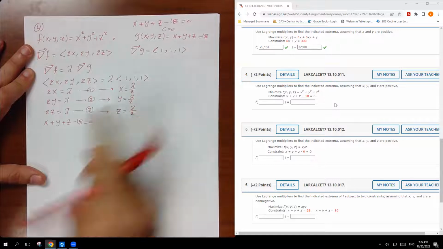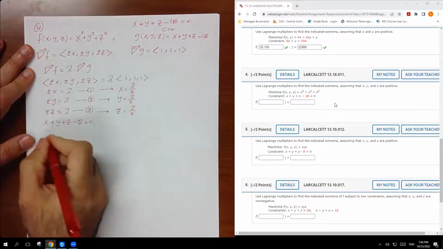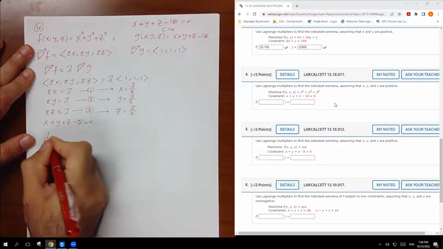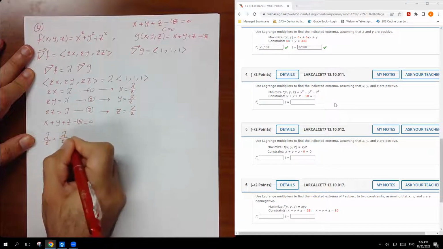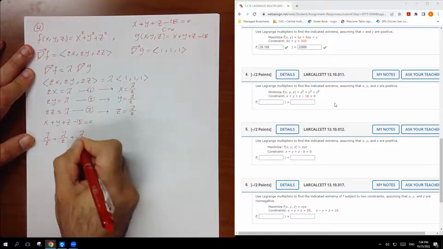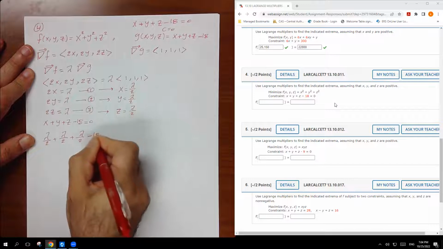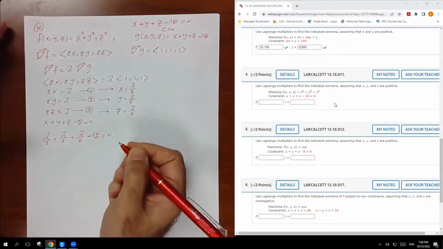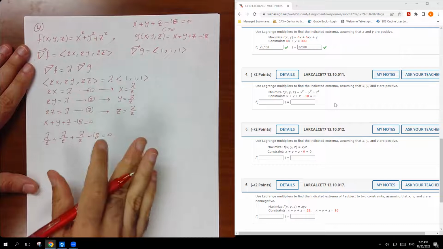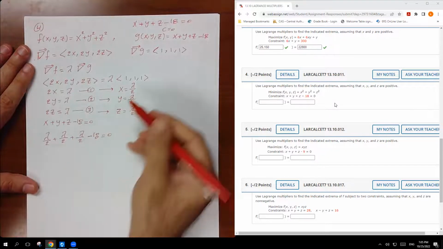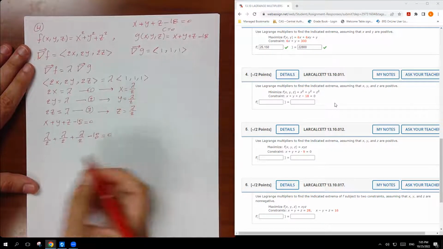Plug these three into the constraint. So lambda over 2 plus lambda over 2 plus lambda over 2 minus 18 is going to be equal to 0. I'm going to find the value of lambda. By the way, you can solve the system as you like.